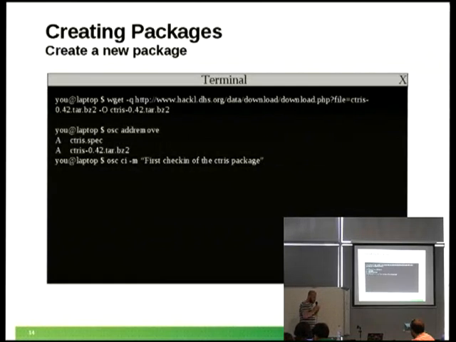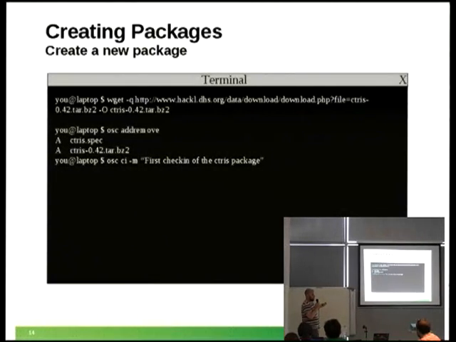So after you have done all that, you have to tell the reference server on the internet that you have done something. It's not noticing on its own. So once you have the tarball, you have to tell the reference server that there are new files. So you have to use the command osc addremove, which will add the new spec file you have created and the tarball.